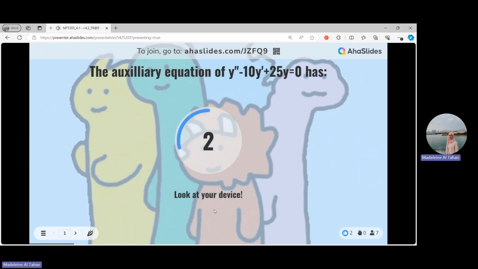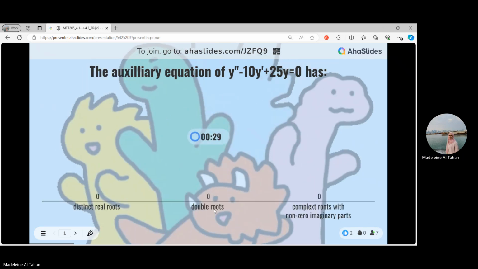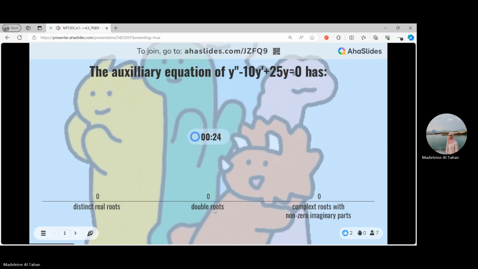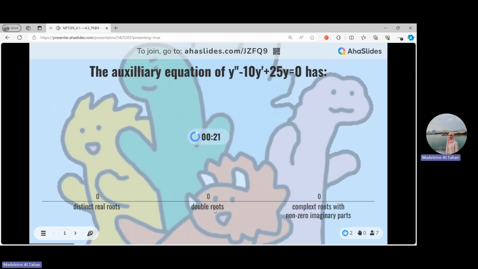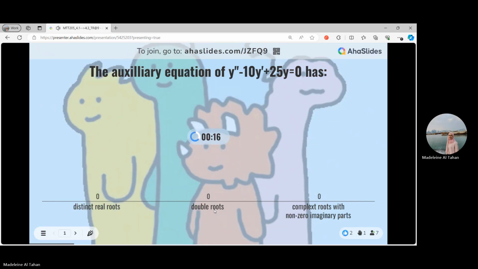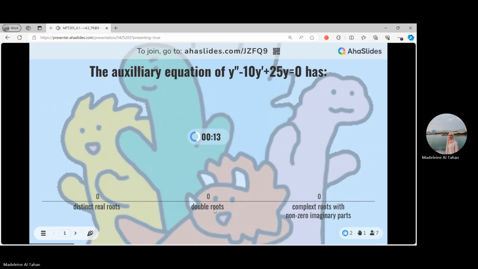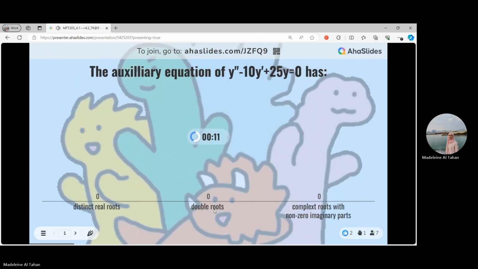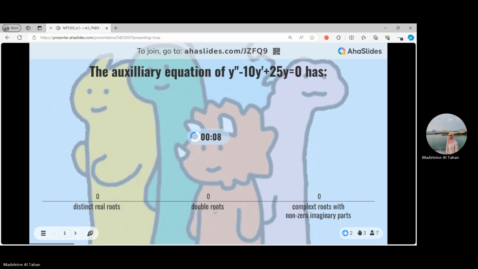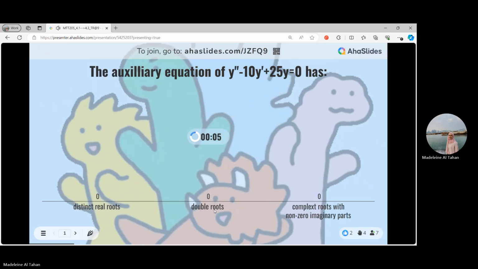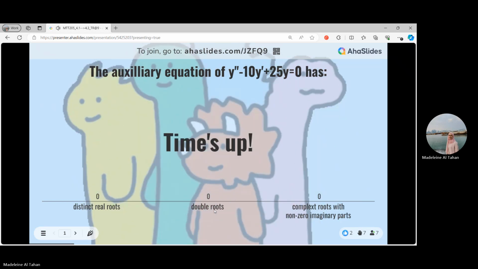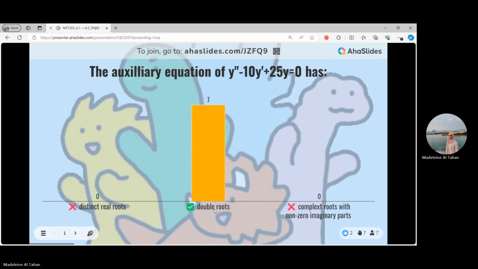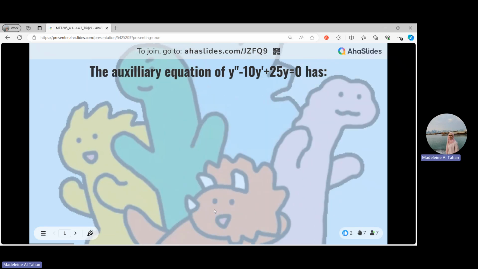We need the auxiliary equation of this one. It will have distinct roots or double roots or complex roots. Okay, let's all answer it correctly.